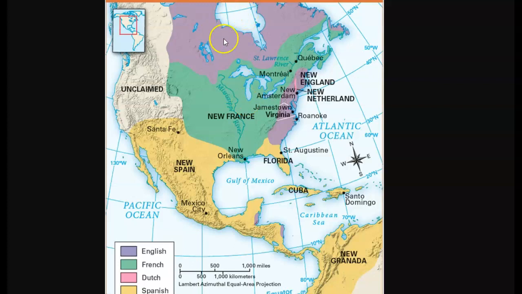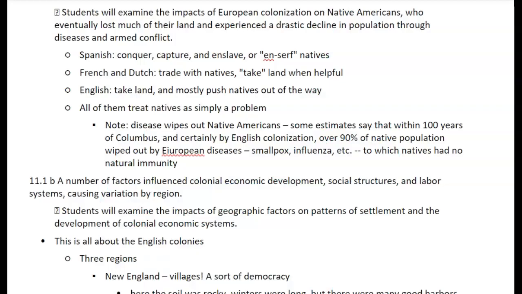England claims this. They actually found, this is Hudson's Bay up here, there's not much happening up here, you know, this is some seals and ice is what this is. But New England and the Virginia colonies, this purple here, this is all the British colonies. New Netherland is this little sliver where the Dutch are settled. So we see everybody's got a piece of the action here. Okay.